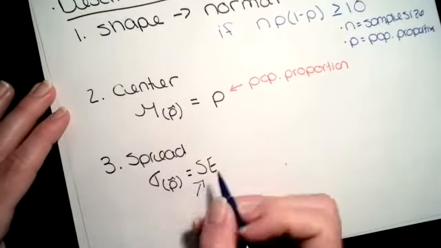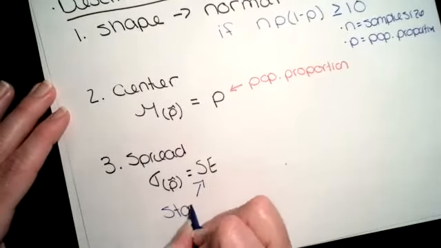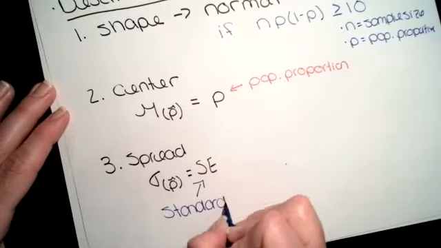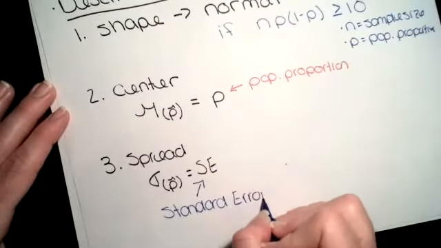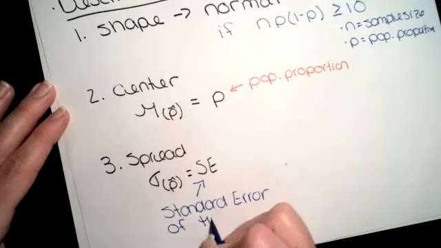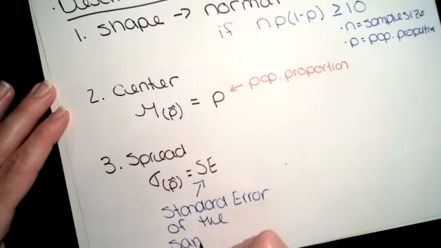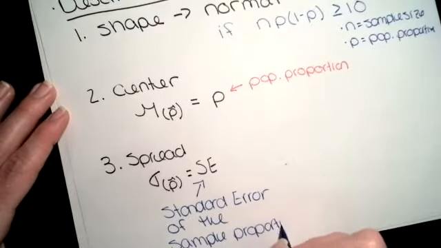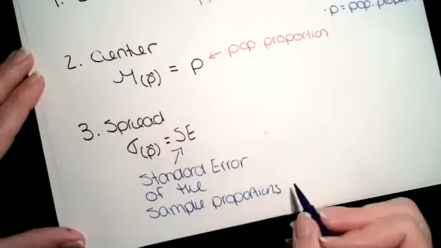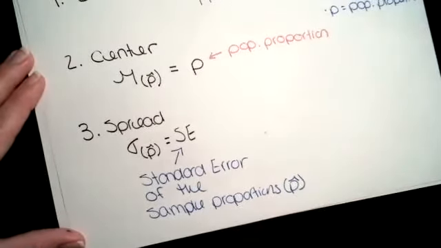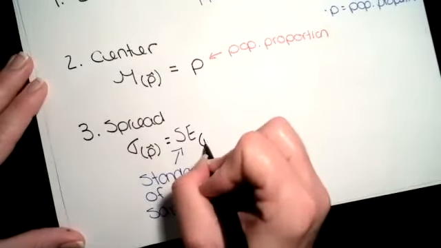So right here, this is the standard error of the sample proportions. All this means is it's the standard error of my p-hats. I'm going to put that right here.